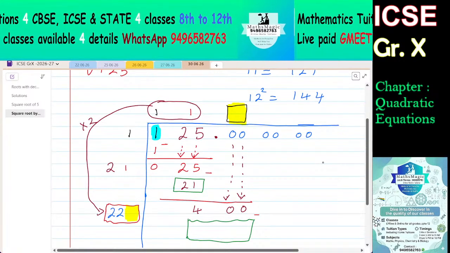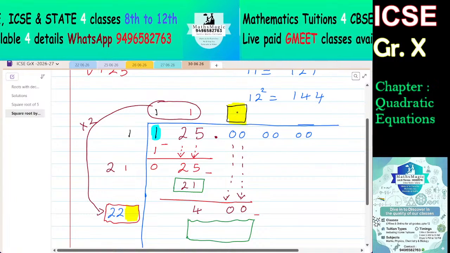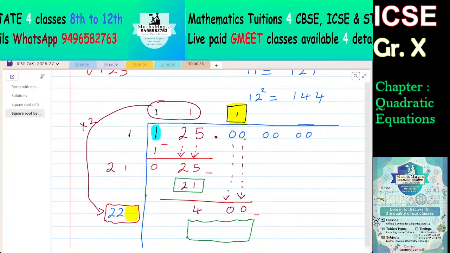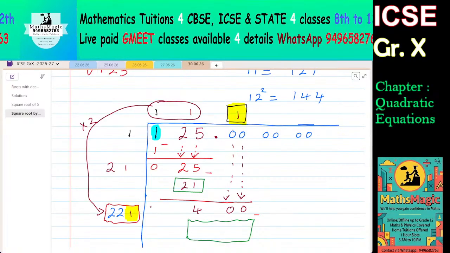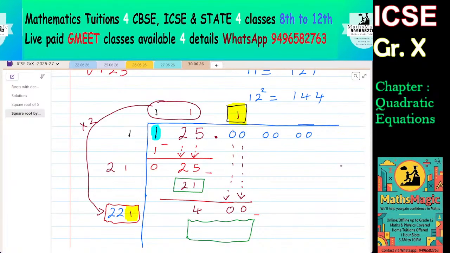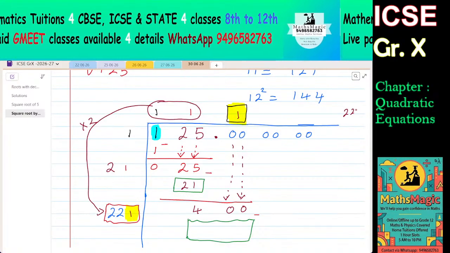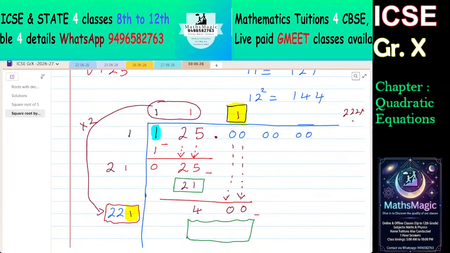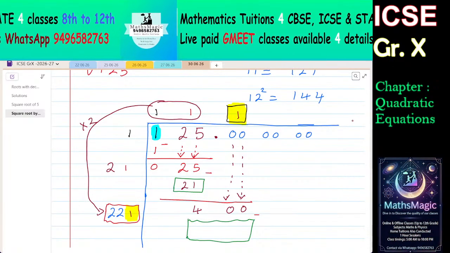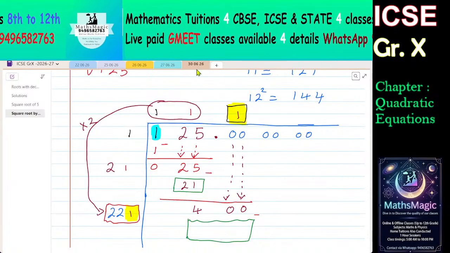Now if we go for 1, it will be 221. If you go for 2, it will be 2 multiplied by 2, and it will be greater than 400. So we cannot take that. So we need to go for 1.